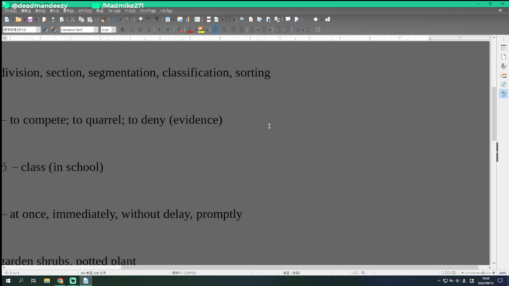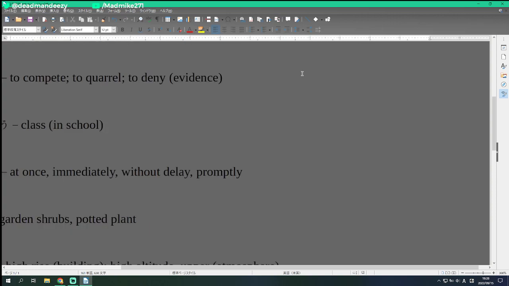A division, a section, or a classification of something is its kubun. Ku on the left side for a district or ward, and bun on the right side for a part or segment. To compete or to quarrel or to deny evidence is arasou, from our kanji for quarreling and competing. Arasou is an intransitive verb, so something is competing.